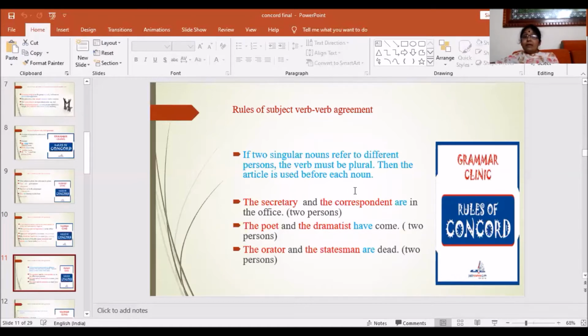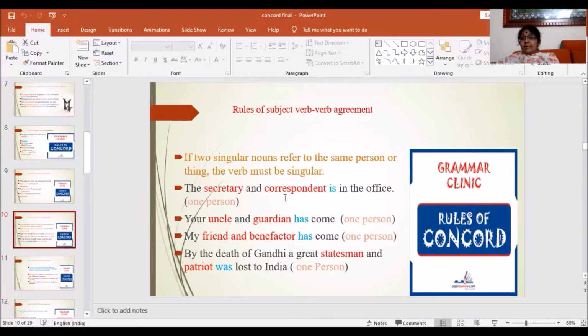Now you might say, Madam, you have used the sentence earlier and you said it is one person, and now you are saying the same. Okay, now let us go back to the previous sentence. The secretary and correspondent is in the office. Here I wrote the secretary and here I wrote only correspondent. I did not add any article.